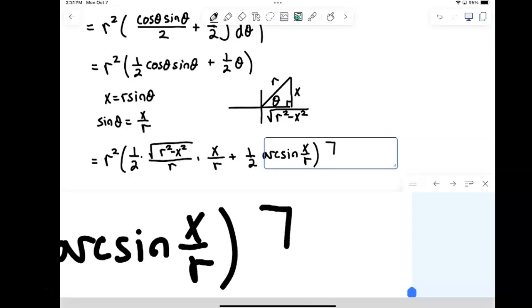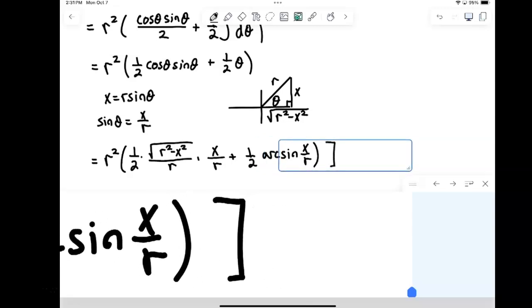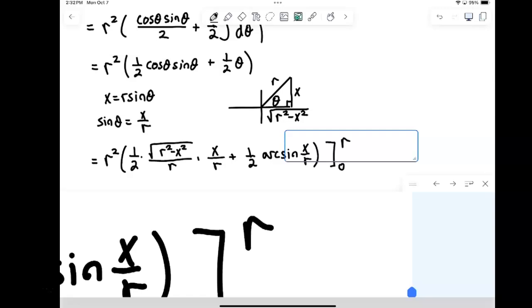And then this is all going to be evaluated between my two endpoints, which were 0 and r.